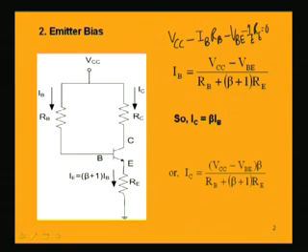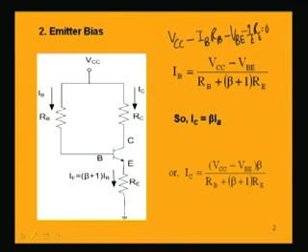Of course, in all this analysis we are ignoring the leakage current or reverse saturation current, because in the active region we can very well neglect it. So, it is a linear relationship, IC equal to beta times IB. Substituting the value of IB, we get the collector current as beta times VCC minus VBE divided by RB plus beta plus 1 RE. So, this is the collector current.